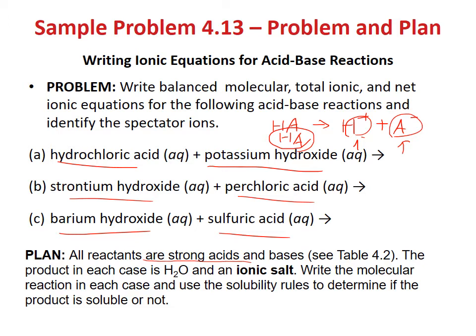Strong acids and strong bases are all strong electrolytes, so they dissociate completely, and therefore the first step is to see if they're strong or weak, because if they are weak, then when writing the ionic reaction, you have to write the formula of the molecule instead of ions. We'll see later. Also pay attention to the solubility of the product. You need to determine whether the reaction forms a precipitate.